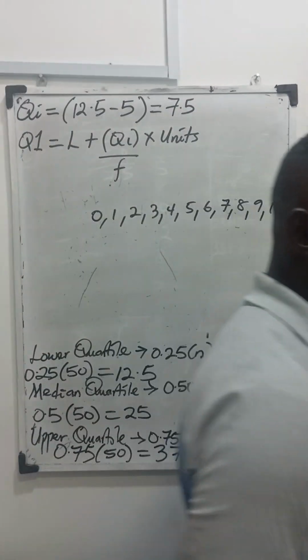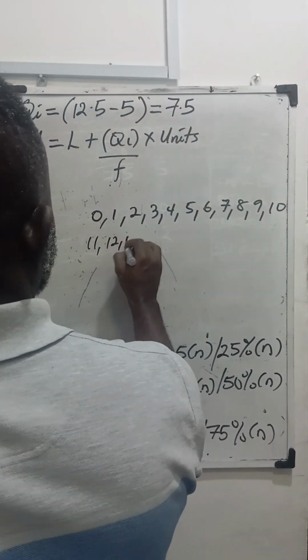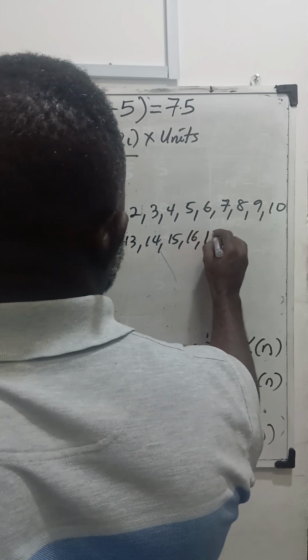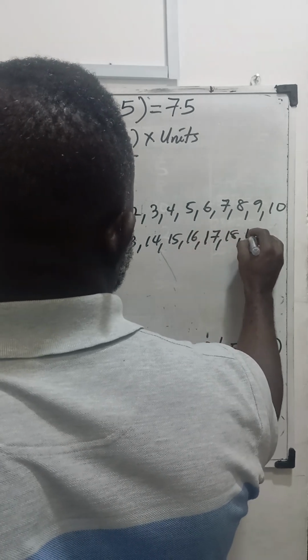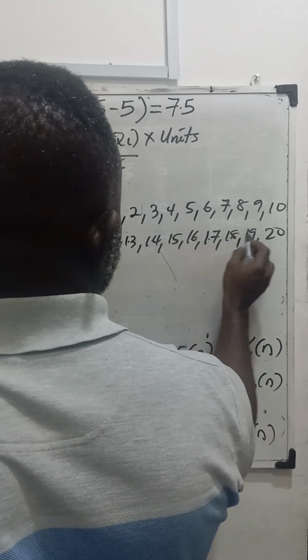The other one is from 11 to 20: 11, 12, 13, 14, 15, 16, 17, 18, 19, 20, so we count 10.